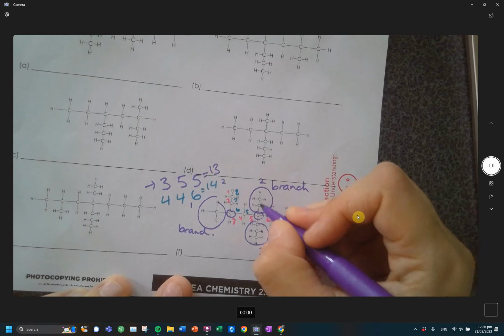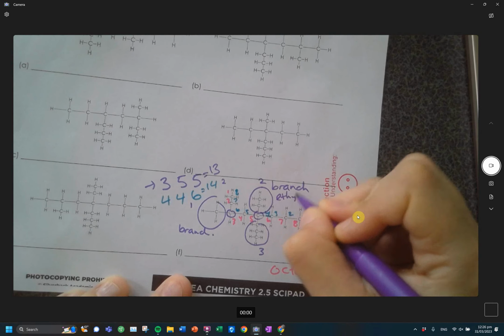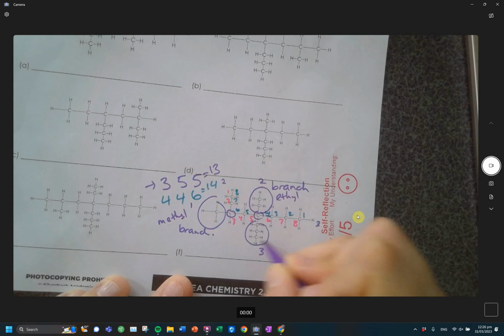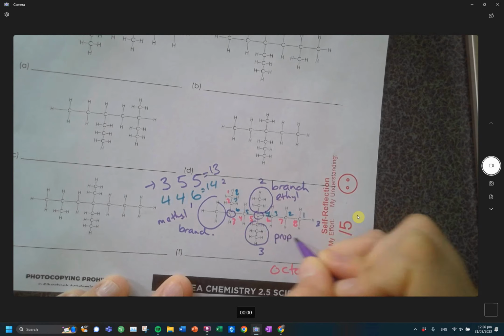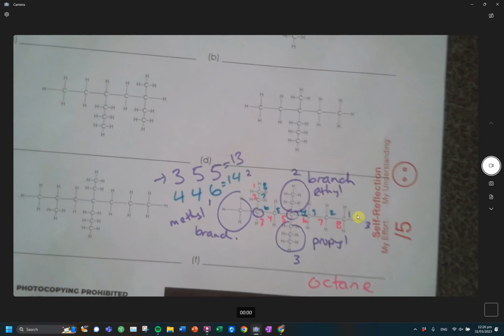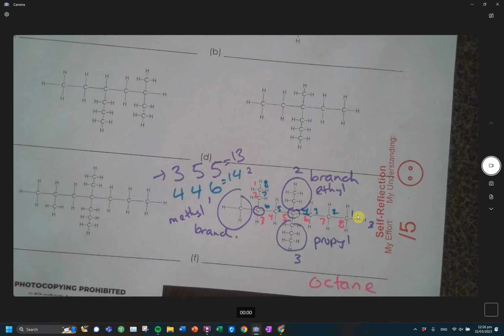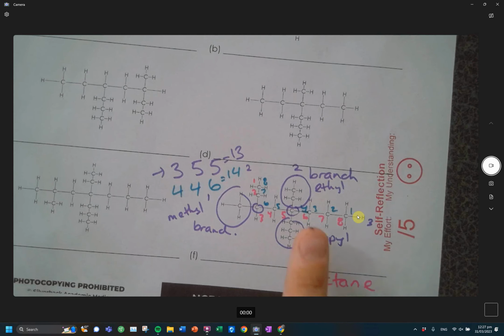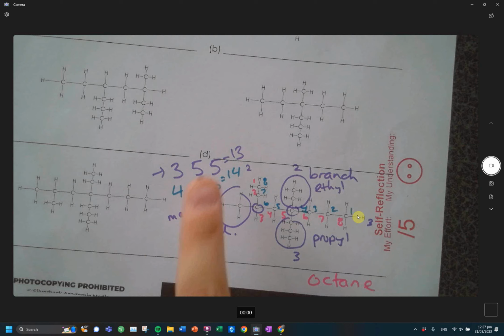So this 2 is an ethyl. This 1 is a methyl. And then this 3 is a propyl. All right, so the way I order this is in alphabetical order. So E goes first, and E is on carbon number 5.